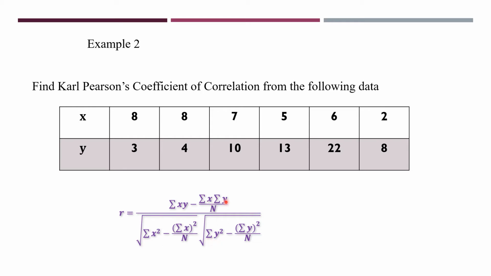So we have to form the table according to these summations. The first column will be x, second column will be y, third will be xy, fourth x square and fifth is y square. So we have to form the table, calculate the sum of the data in those particular columns and substitute in this formula.